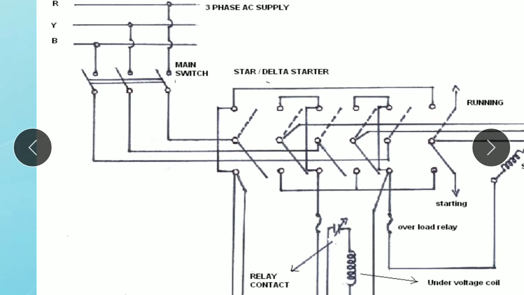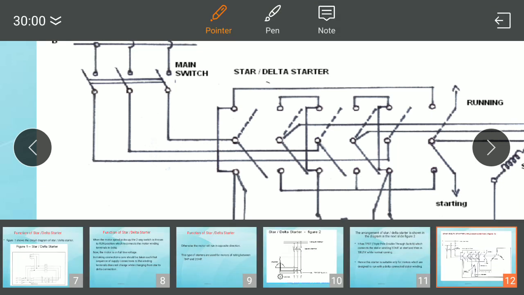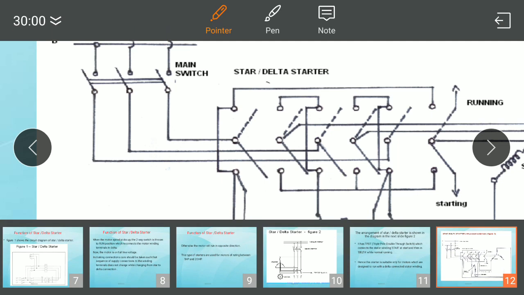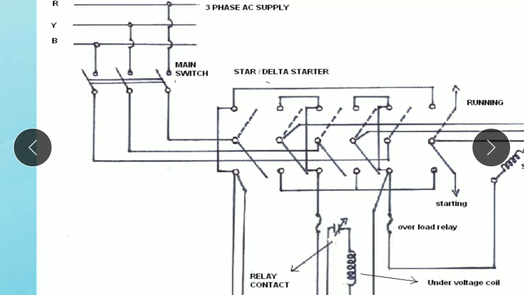Here, this is the star delta starter. At the starting, the switch is in this way. At the running condition, the switches are in this way.